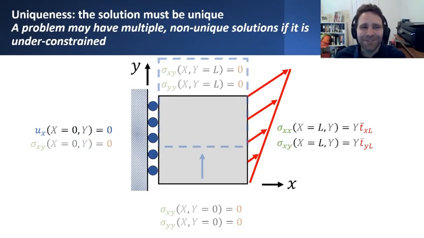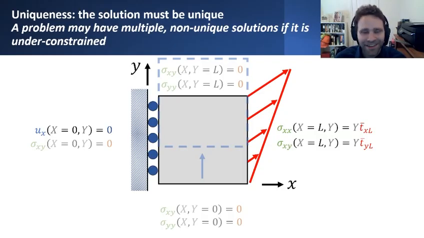In terms of solution uniqueness, this is another issue where, as I mentioned before, one way that you can have an issue with uniqueness is if you're not sufficiently constraining your problem of interest. And that could happen, as in this example, where I've removed the bottom support.